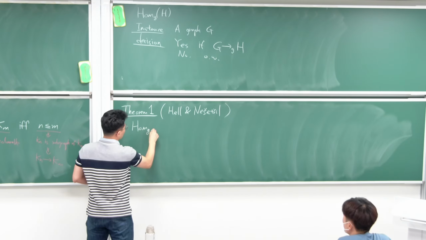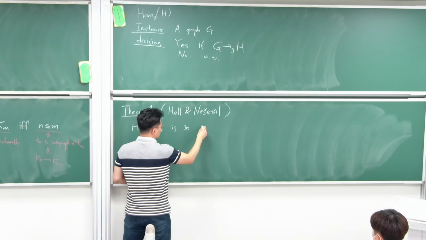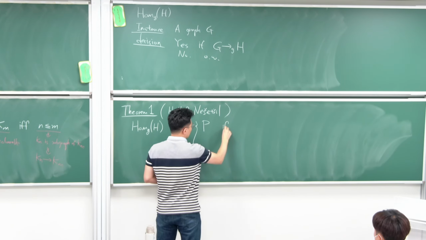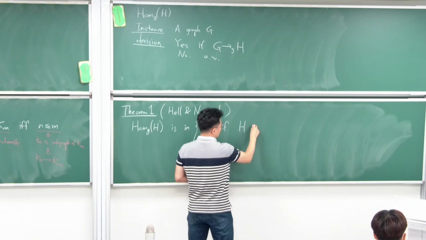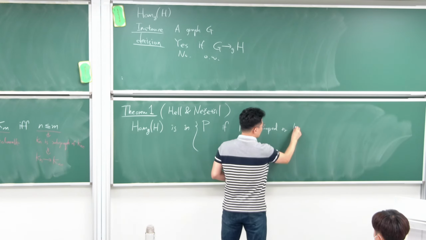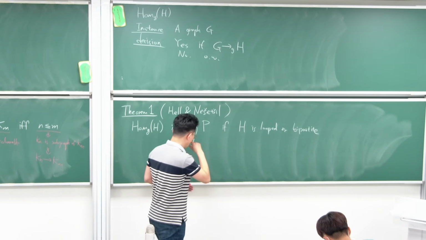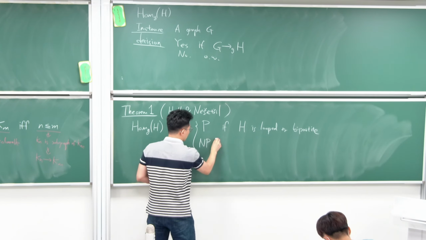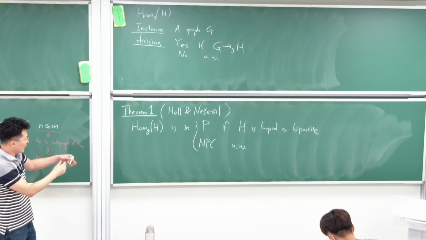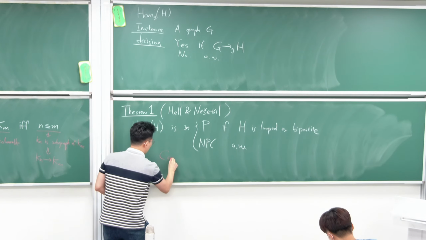So this is in P if H has a loop or is bipartite, and NP-complete otherwise. This kind of theorem is called a complexity dichotomy.